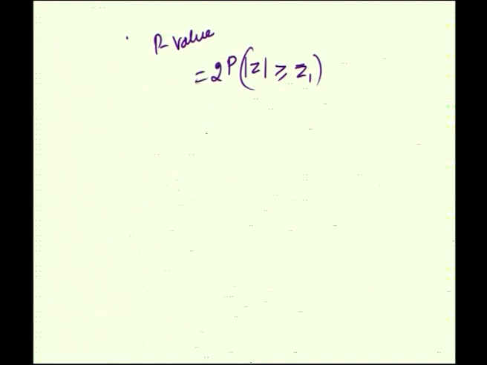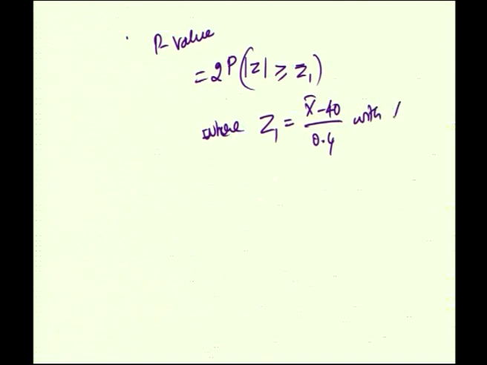Next, the p value of the statistic. The p value of the statistic is P of modulus of Z is greater than or equal to the computed Z value Z1. Because of symmetry we have 2 times, because of the modulus. Here Z1 is equal to x bar minus 40 by 0.4 with x bar equal to 39.1.